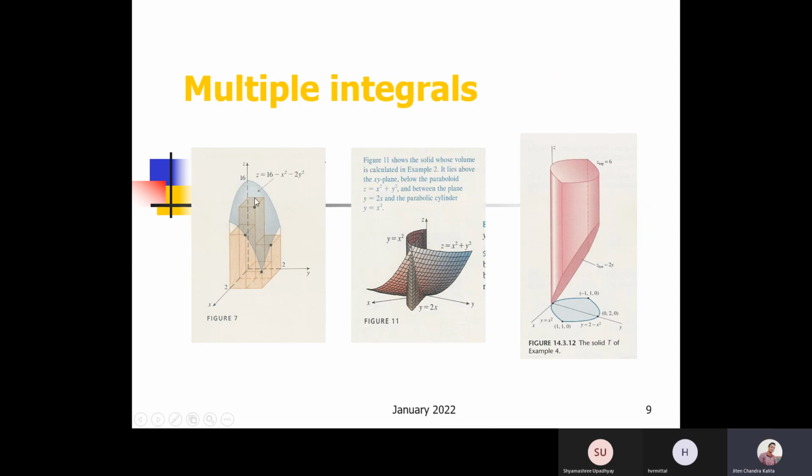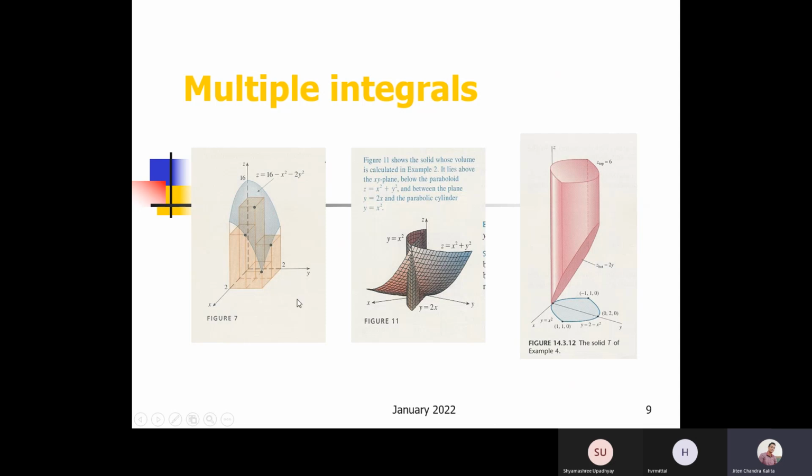So here what is happening? I'm considering the function f(x,y) equal to 16 minus x squared minus 2y squared. And suppose I have told you to find the volume below the surface which lies above the xy plane.